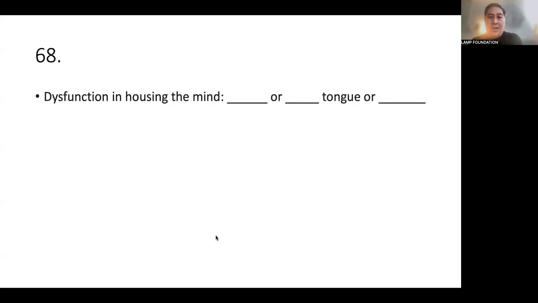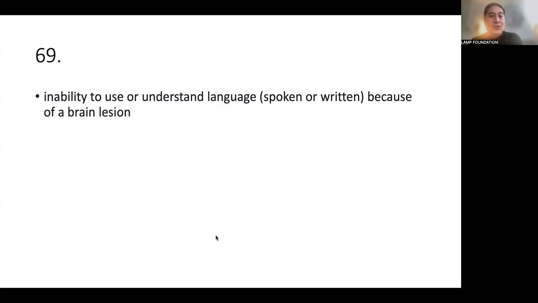Dysfunction in housing the mind: blank or blank tongue or blank. Stiff or curled tongue or aphasia. Aphasia is the inability to use or understand language, spoken or written, because there is a brain lesion. What do you call this? Aphasia.